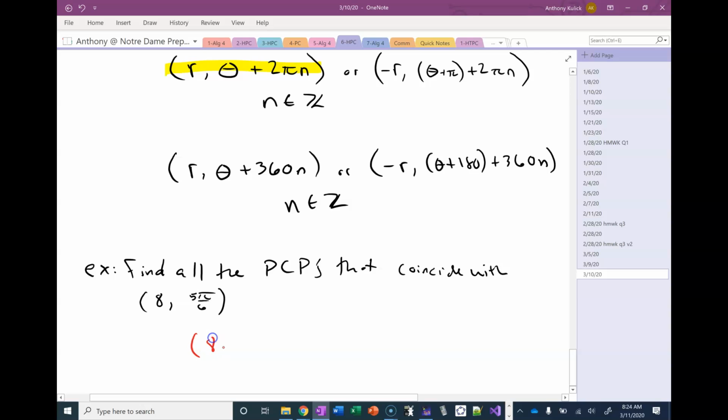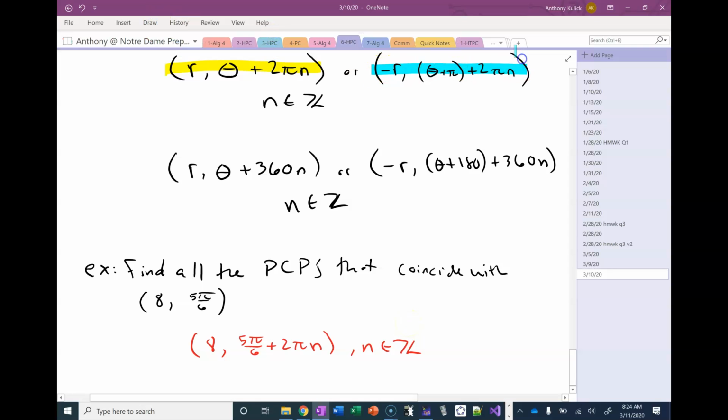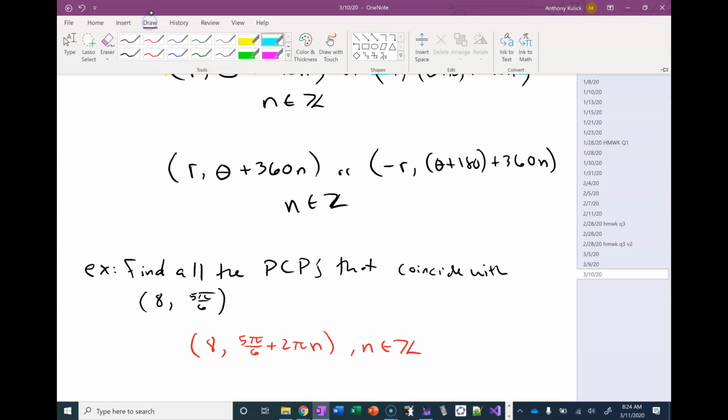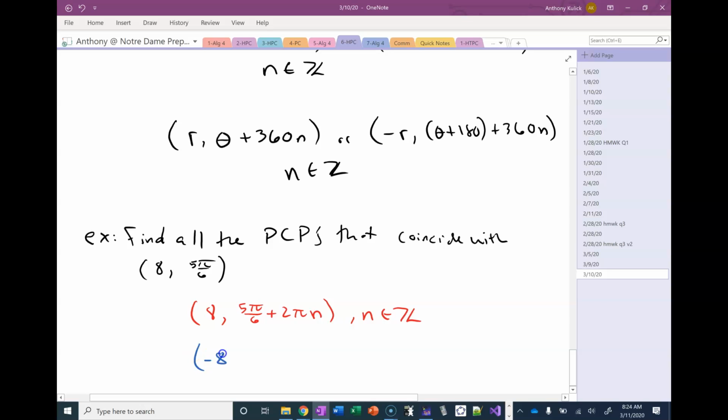So here we have 8, 5 pi over 6 plus 2 pi n. And then let's do this set of points second. So here we're going to have negative 8, 5 pi over 6 plus pi plus 2 pi n.